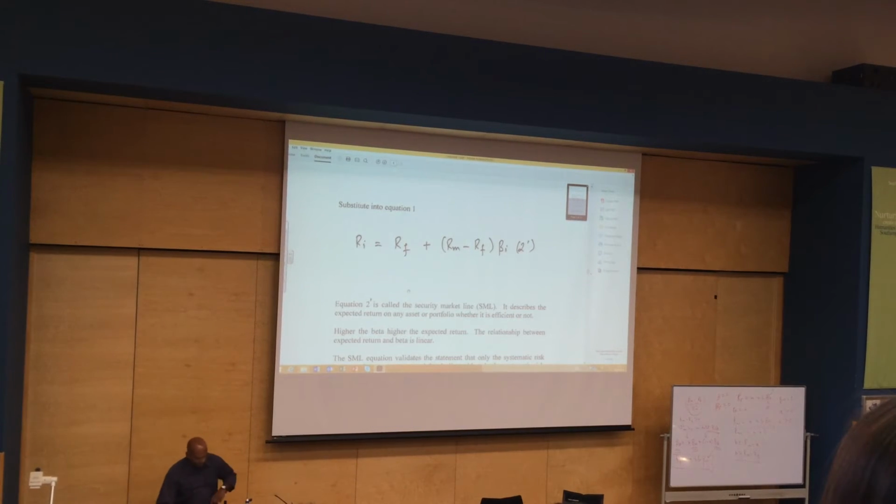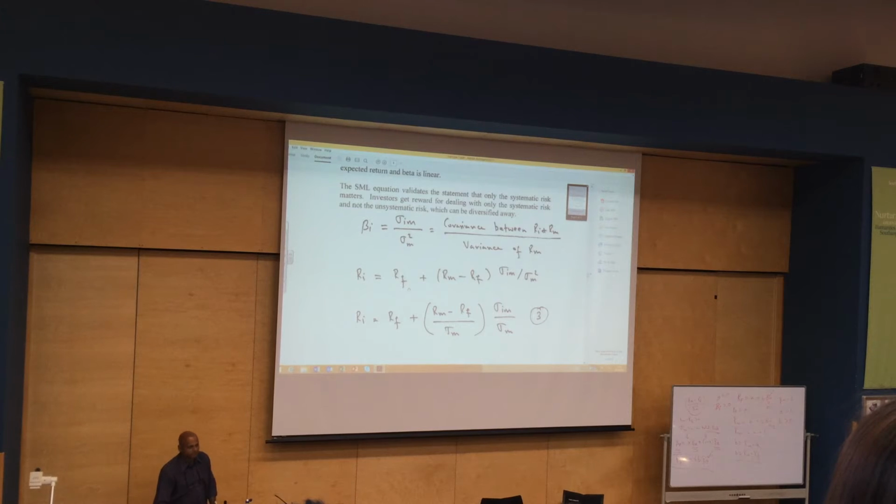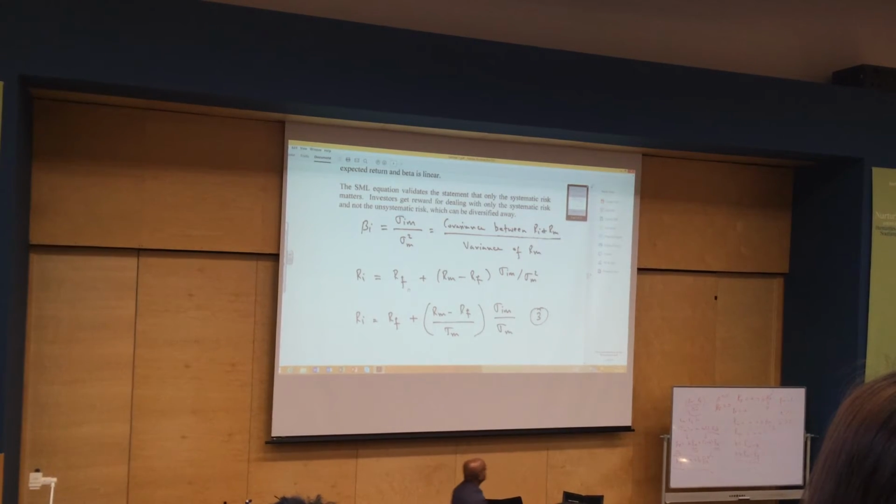So what does this equation say? What the security market line shows is that beta is equal to what? And this is the definition of beta.